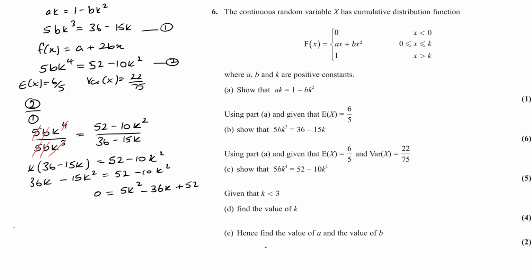Okay, so all I've got to do here now is solve this quadratic. So you can use your calculator to help you out with this. You could complete the square. It'd be a bit more difficult on this. Using the formula would be fairly easy. So we've got 5k and k.